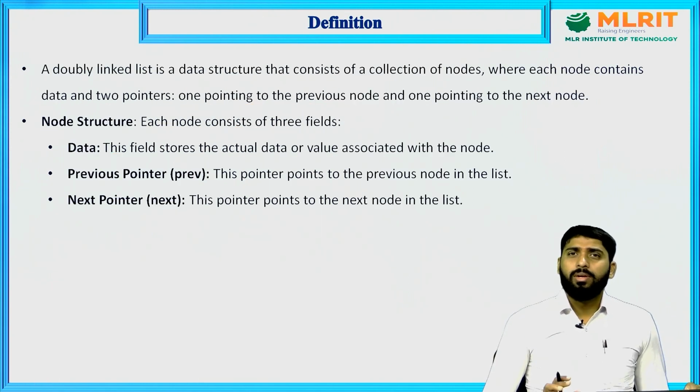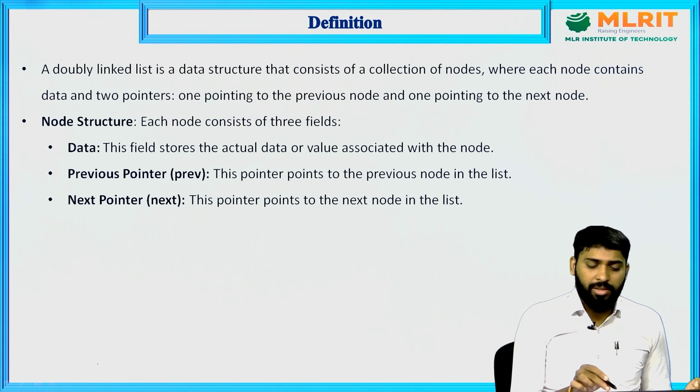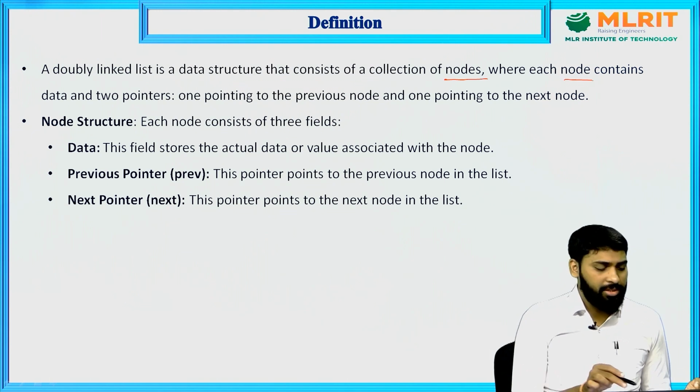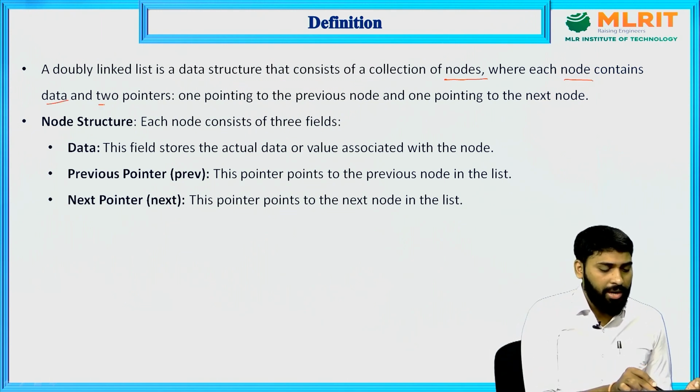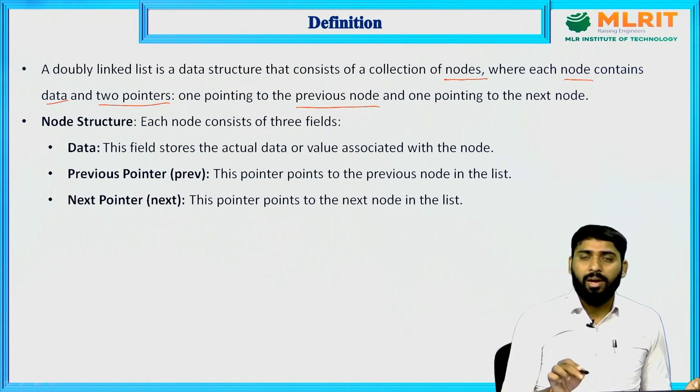So before discussing how to insert a new node in double linked list, first we see what is a double linked list. A double linked list is a data structure that consists of nodes where each node contains data and two pointers, one pointing to the previous node and another pointing to the next node.